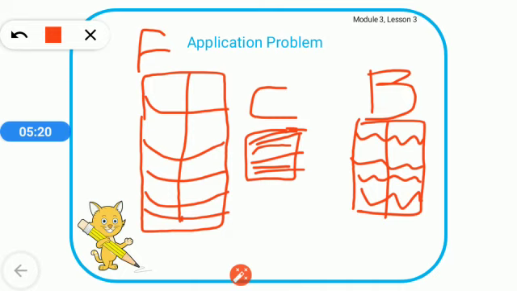The index card. The folder is longer than the index card. So this is longer. That is your statement. You are correct. Let's move to the next problem.